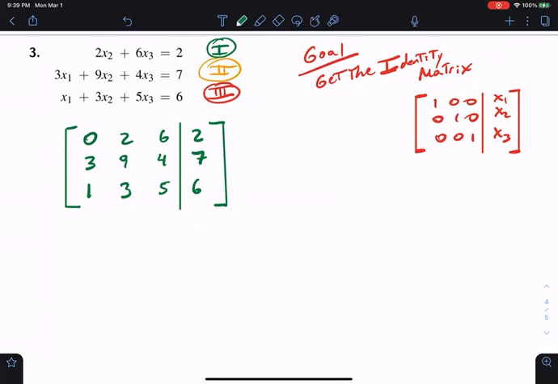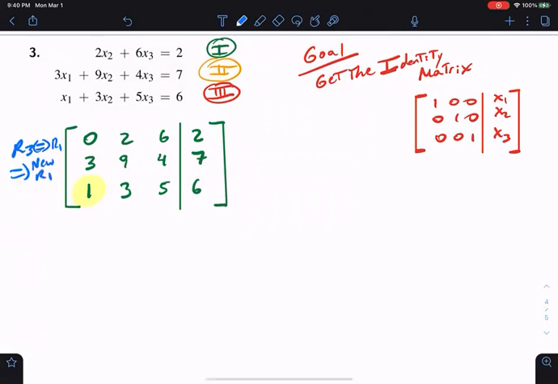Okay, so I can do a row exchange, because look at this entry right here. I have a 1 here, right? So I'm going to exchange row 3 with row 1 to get the new row 1.